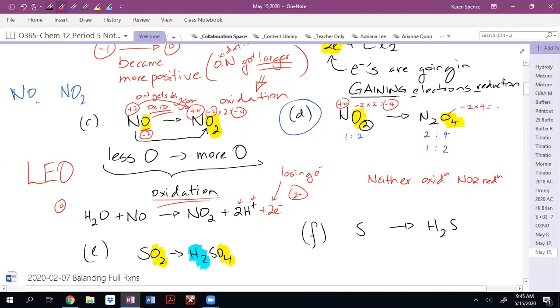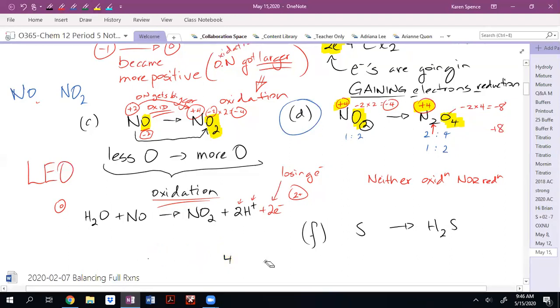So that's an overall negative charge of -8. And now I have to take that -8 and distribute it over 2 nitrogens. Well, I need a +8 to balance that out. And I need to take my +8 and distribute it over 2 nitrogens. So that's going to be a +4. So you can see that the nitrogen has not changed oxidation number. And so it's neither oxidation nor reduction.